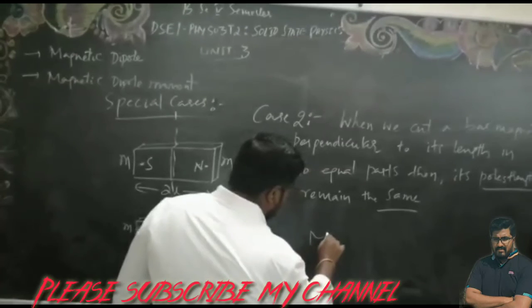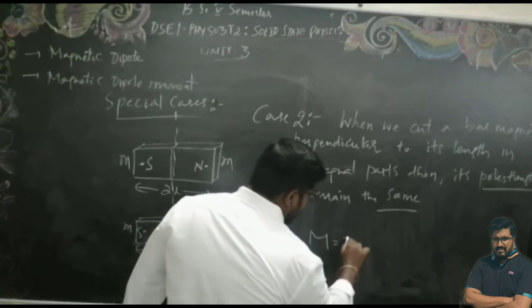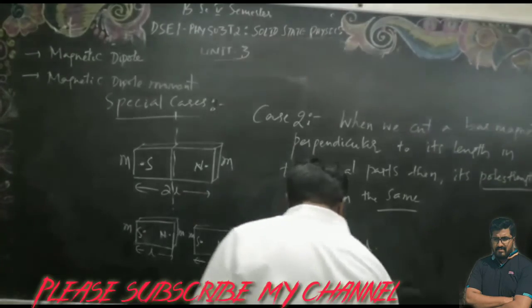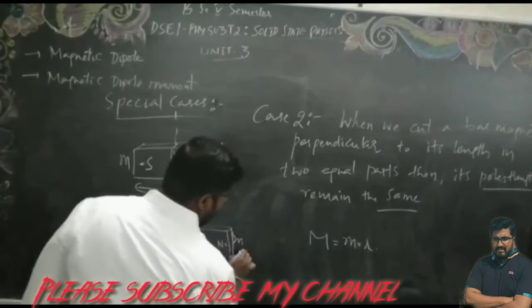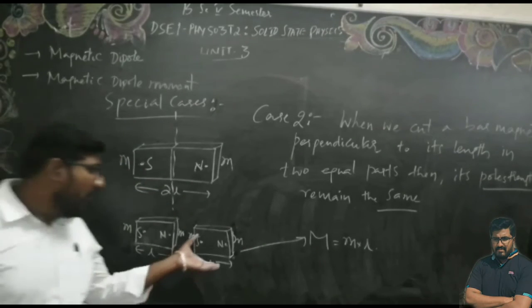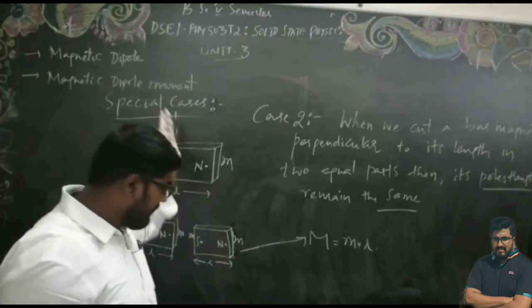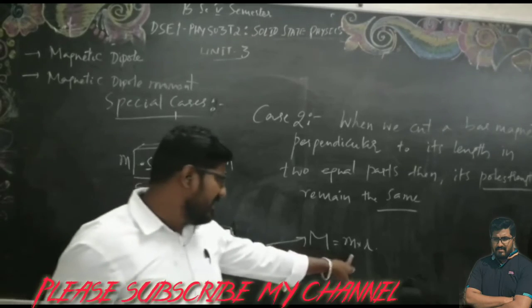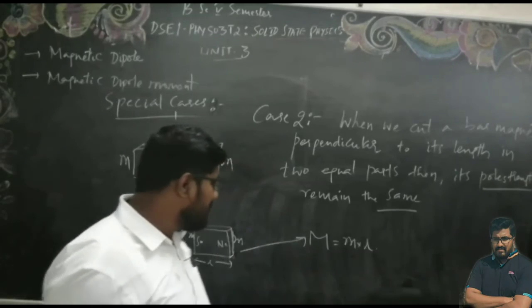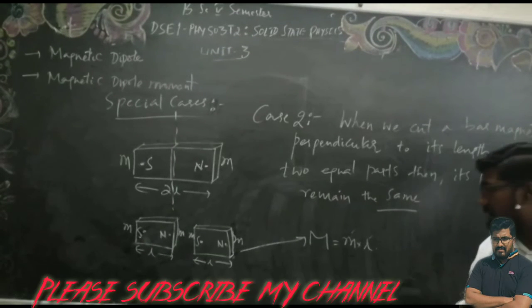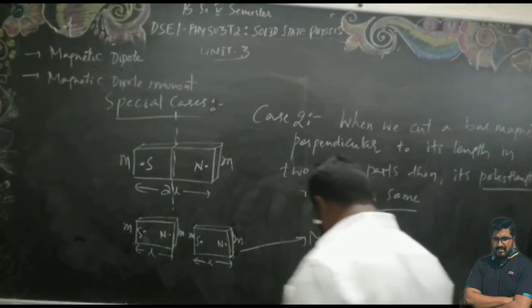This is our case. Therefore, what is the magnetic moment? Here I can write m into L. Therefore, the magnetic dipole moment of this bar magnet after cutting vertically, or perpendicular to the length, is M equal to m into L. This is our pole strength and this is our magnetic length. The product of these two gives us the magnetic dipole moment.